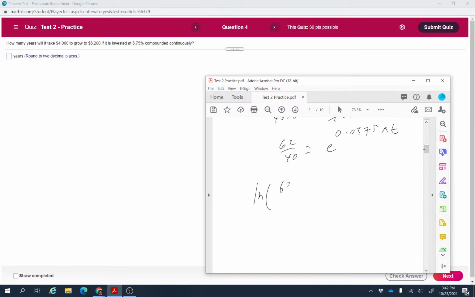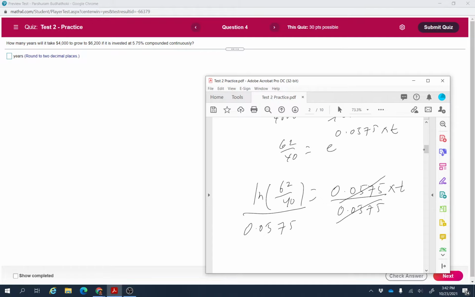So ln of 62 over 40 equal ln of e to the power 0.0575t. ln and e are inverses of each other, so when you take ln of both sides, the exponent comes down here. And now for finding t, just divide both sides by this number. So that will give you t.